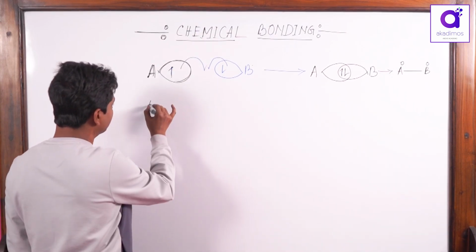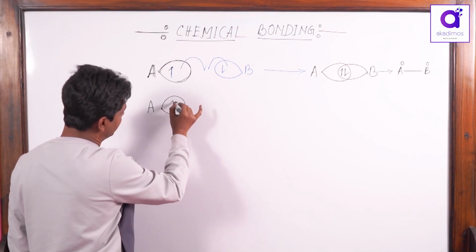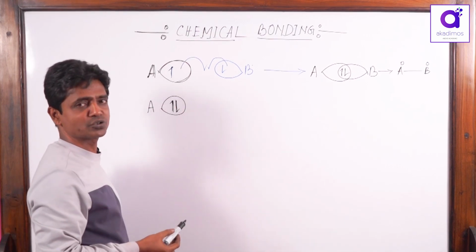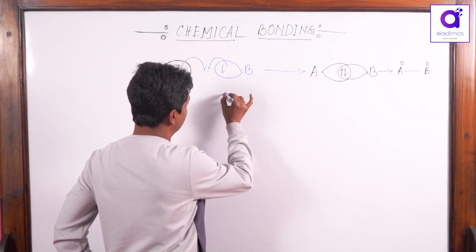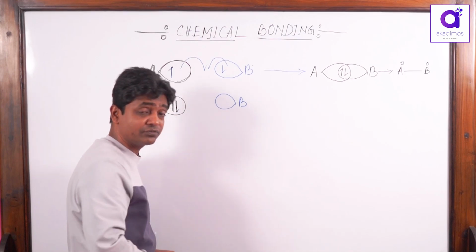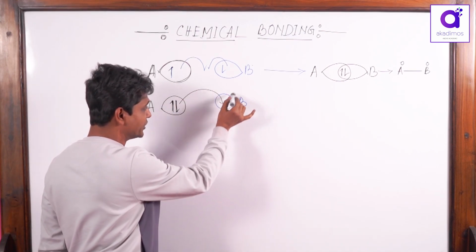Now, let A have a pair of electrons. You know in an orbital a maximum of 2 electrons are present. And take B with a vacant orbital. Now, here also a bond can form. A will give both electrons.